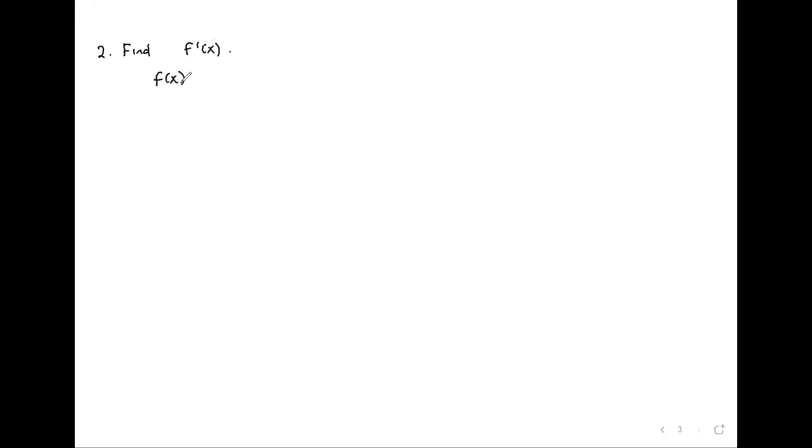A: f of x is equal to e to the power 4x multiplied by 3x squared minus 5 to the power 6. B: x squared plus sin y minus y squared is equal to 7. So let's start with A.